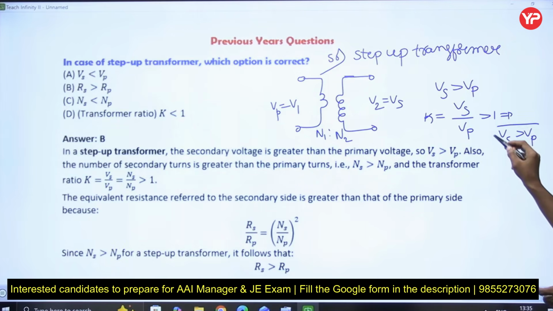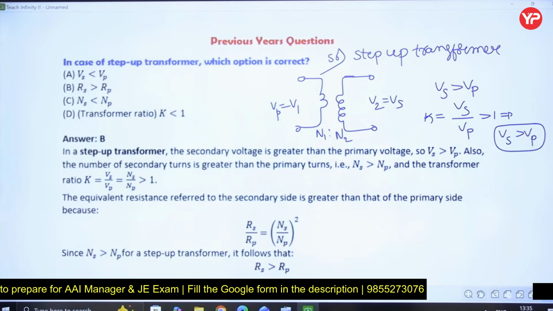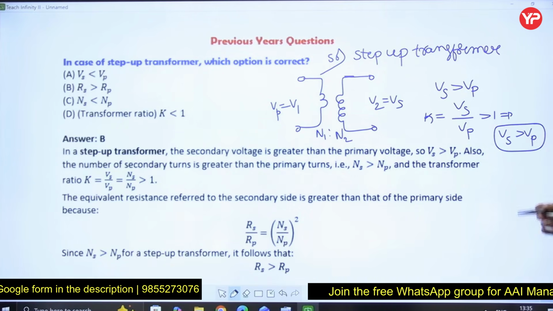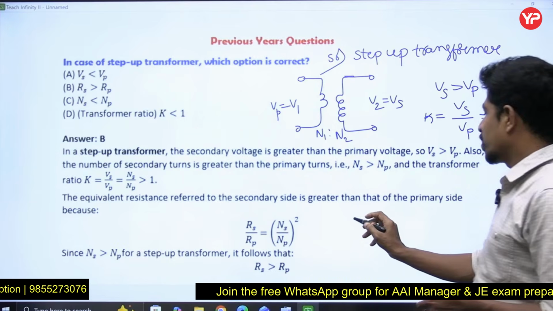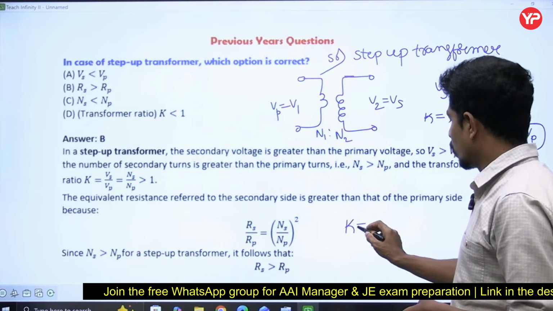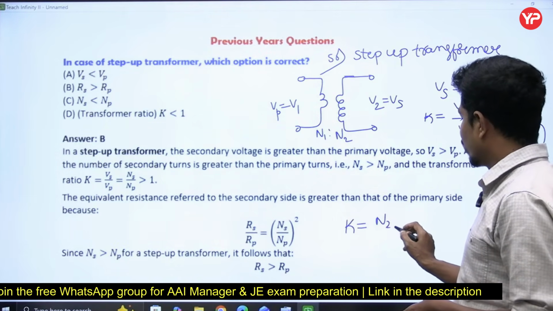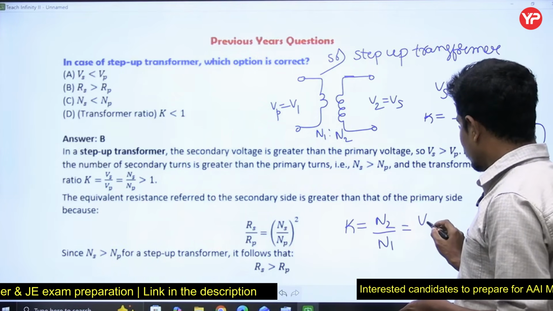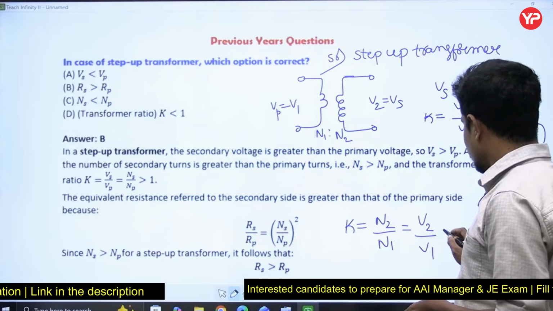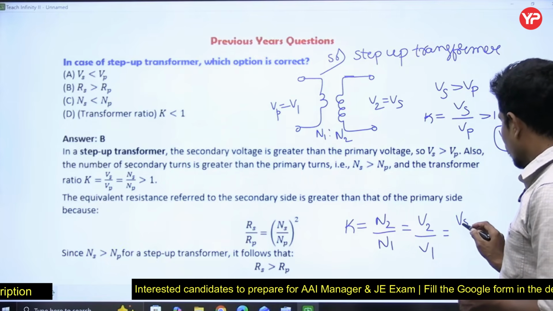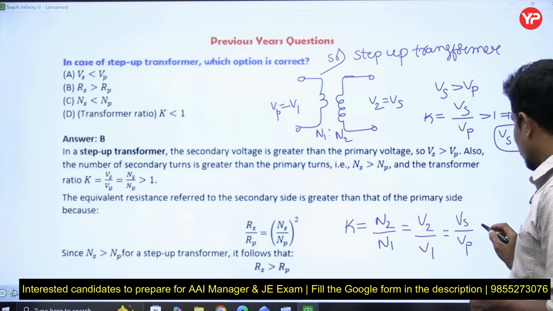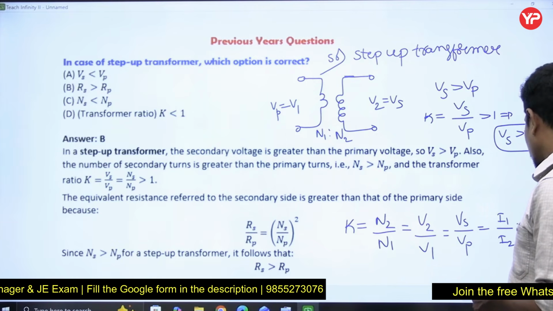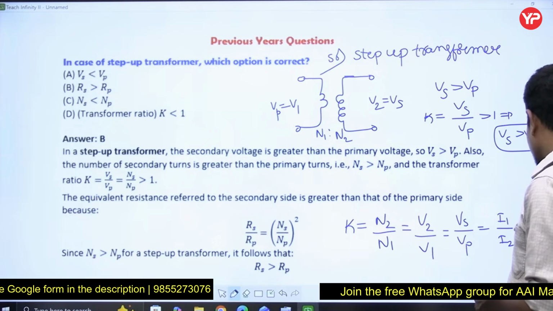This is the simplest question I have ever seen, right? The number of turns in the secondary are more than the number of turns in the primary. In the same way, K is called the transformation ratio, equal to N2 by N1, the number of turns in the secondary by the number of turns in the primary, which is equal to V2 by V1, that is Vs by Vp, which is equal to I1 by I2, or I primary by I secondary.